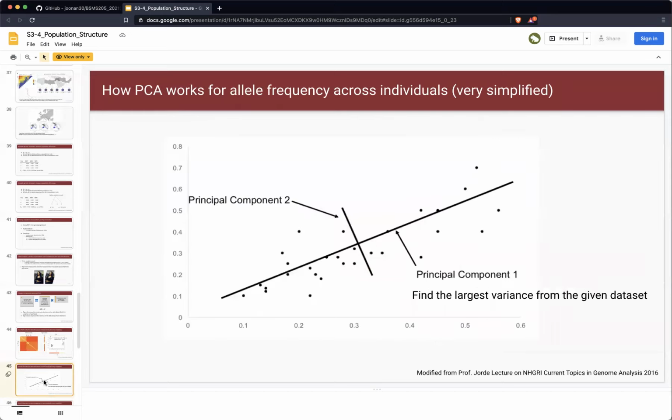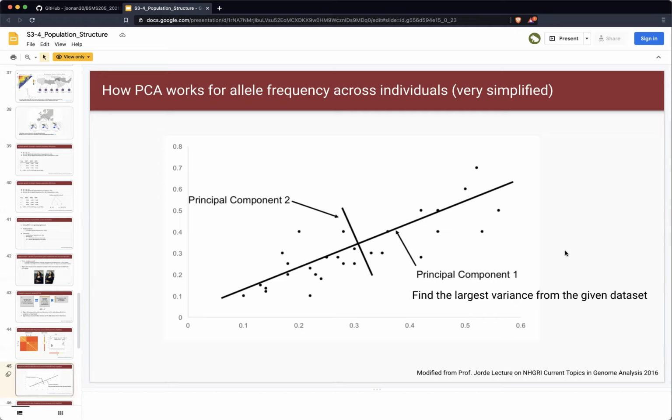What PCA does is look at the first dimension, explaining the largest variance of the data set. So PCA looks at different dimensions, here called principal components. So from principal component 1, 2, 3, 4, and up to the nth, right? It can be up to hundreds, thousands, or millions. It's up to your operation.